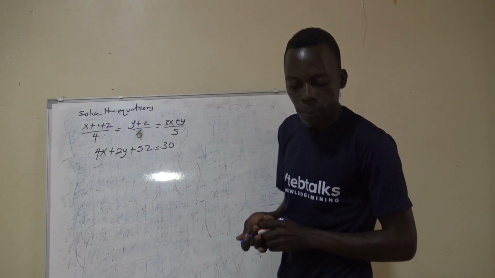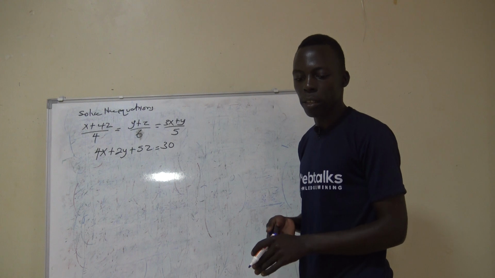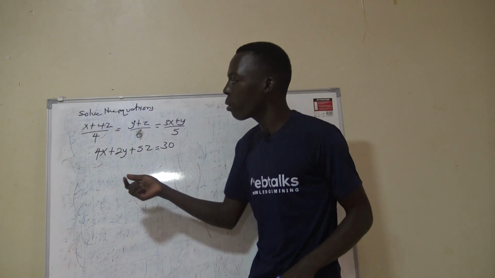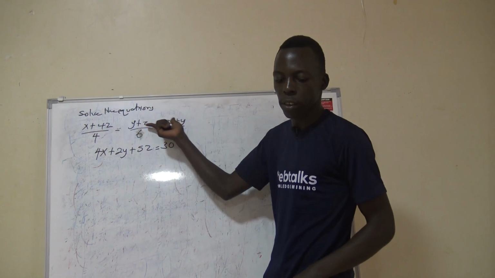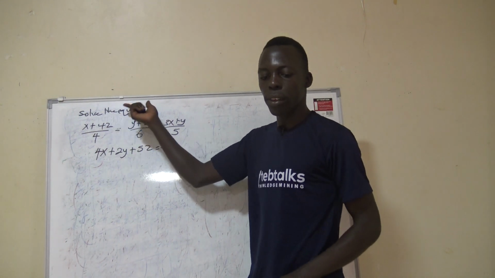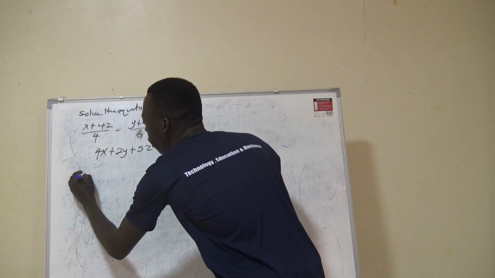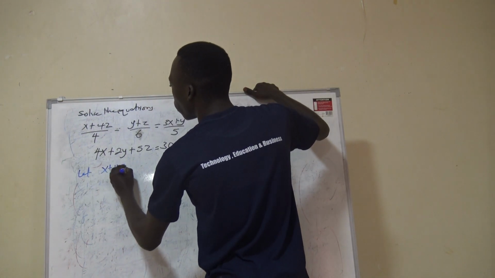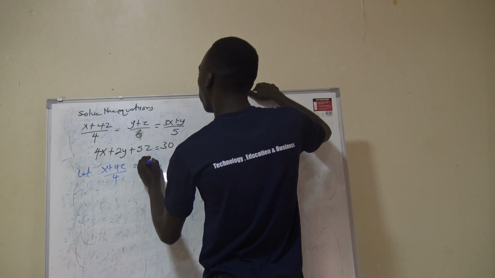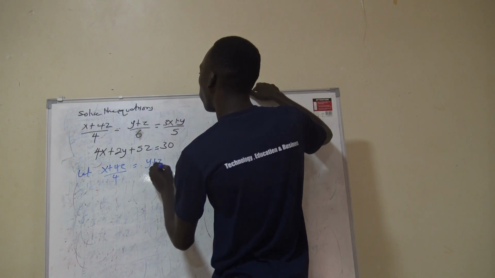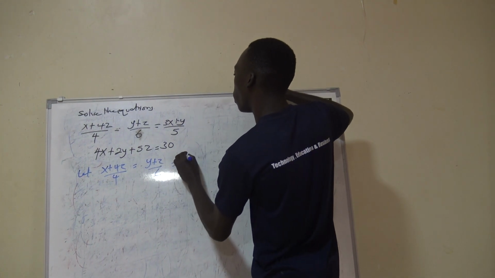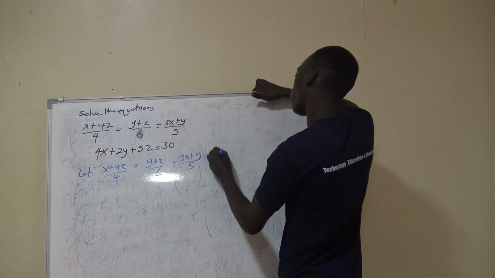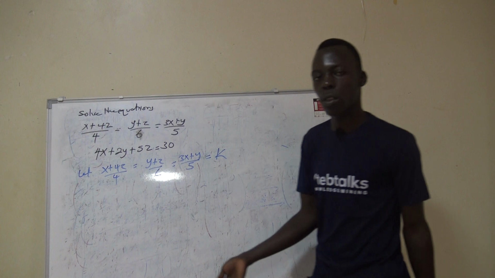What we have to do: since everything is equal, we first let (x + 4z)/4 = (y + z)/6 = (3x + y)/5 be equal to k, which is a constant.